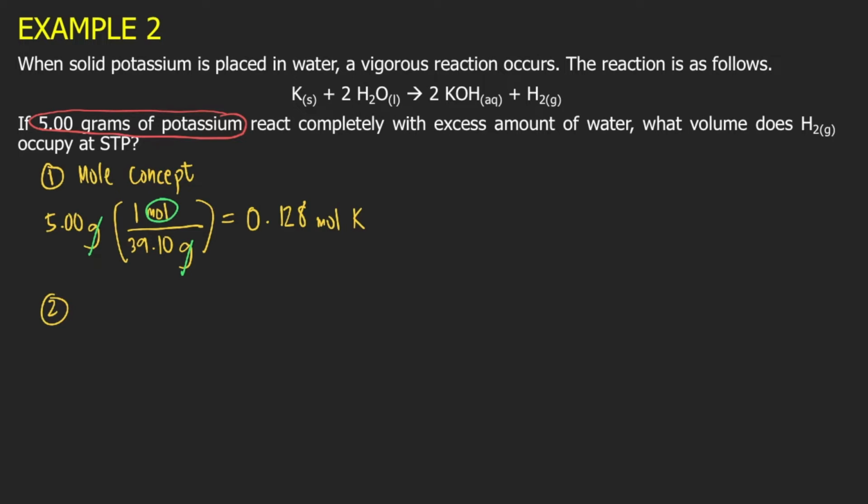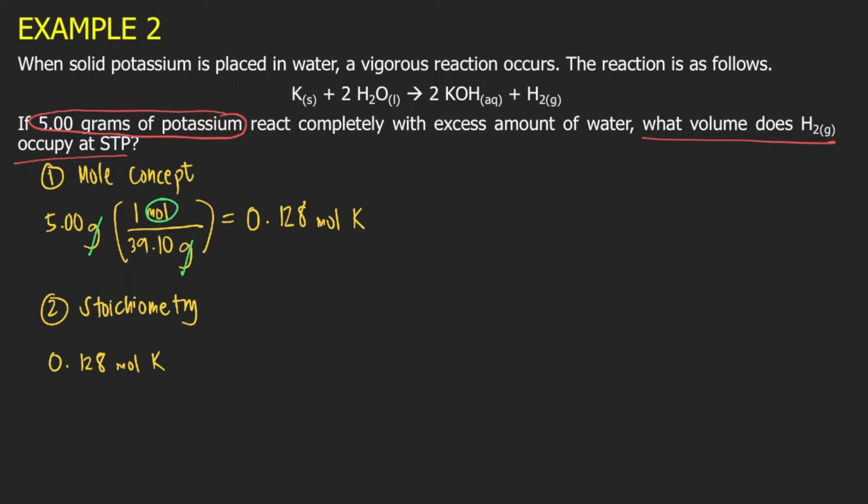Now that you have the moles of potassium, you can proceed to the second part of the solution, which is the stoichiometry. We just solved 0.128 moles of potassium. The question asks, what volume does H2 occupy at STP? So the problem is concerned with H2, and we will convert moles of potassium into moles of H2.